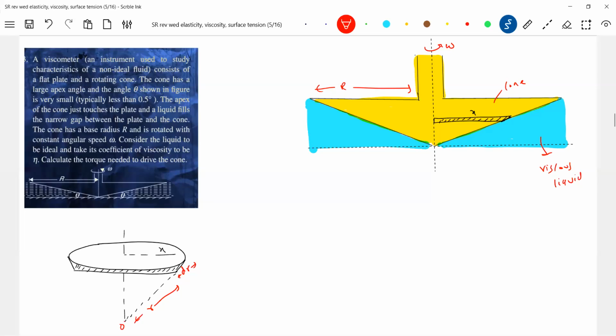There's a point. Okay, here this is y. This is r. Able to understand?